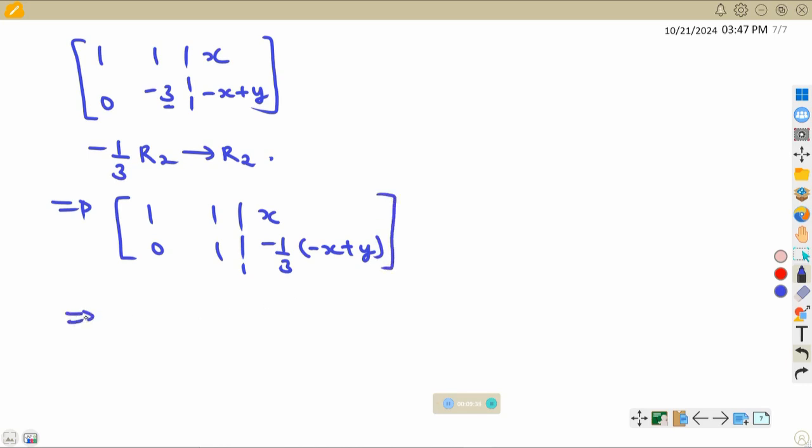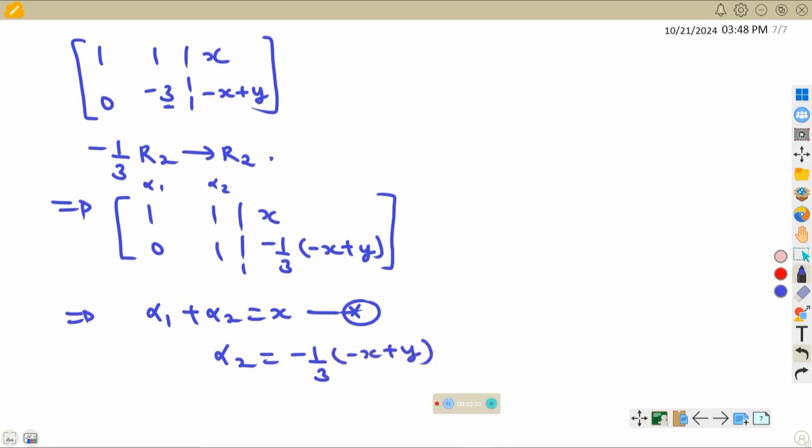Since we have already put this one in echelon form, we can get the corresponding system. Remember, this is alpha 1, alpha 2. So we can have alpha 1 plus alpha 2 equaling x as one equation. Then alpha 2 is same as negative a third into negative x plus y. So let us substitute from star.